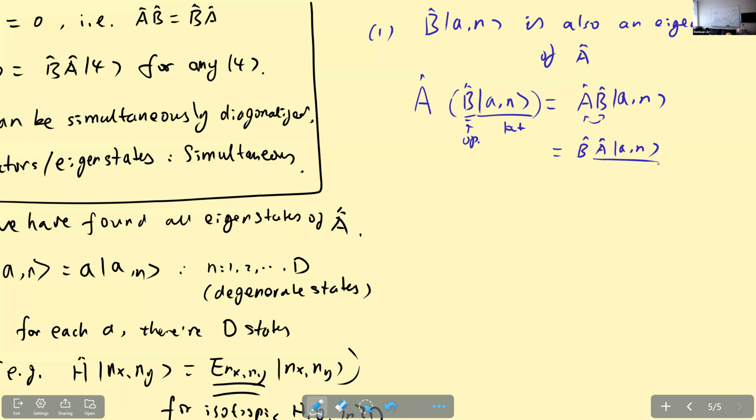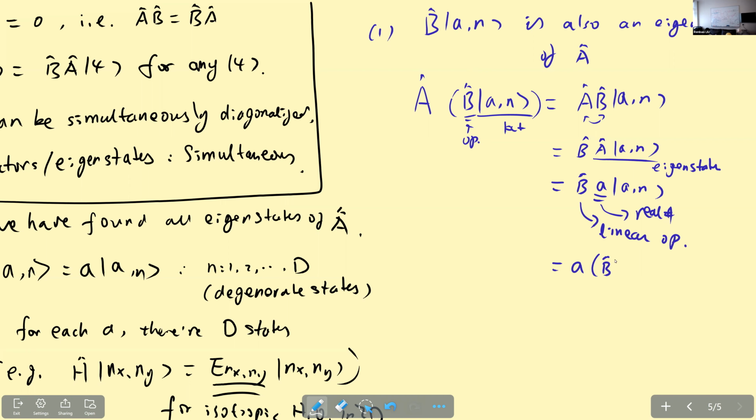But this is the eigenstate, so that is a |a,m⟩. But a is a real number, and B is a linear operator, so this one equals a times B|a,m⟩.